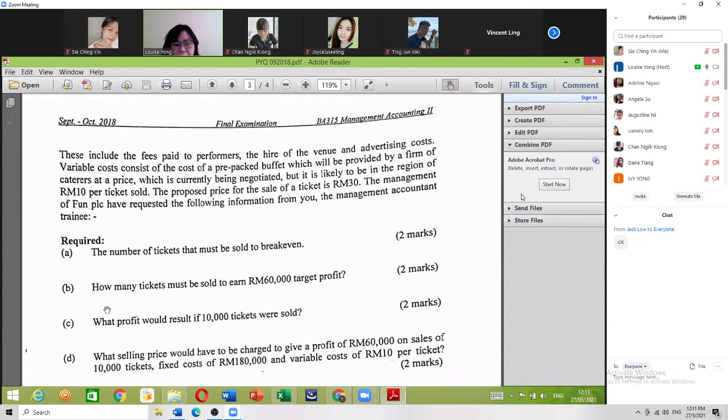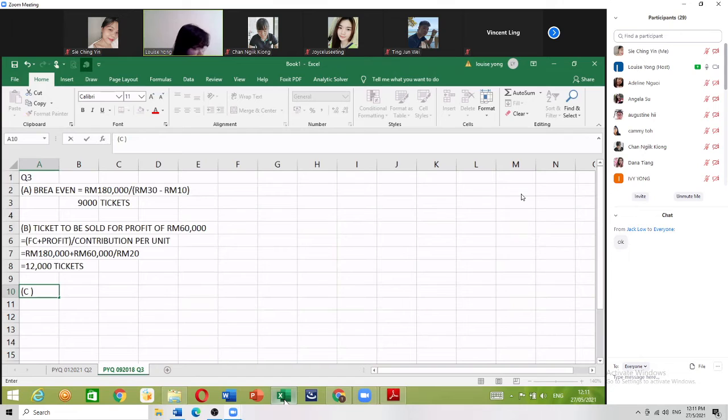Okay, part C. What profit will result if 10,000 tickets were sold? If you sell 10,000 tickets, how much profit do you earn? What is your net profit if you sold 10,000 units? So you can use the profit equation.